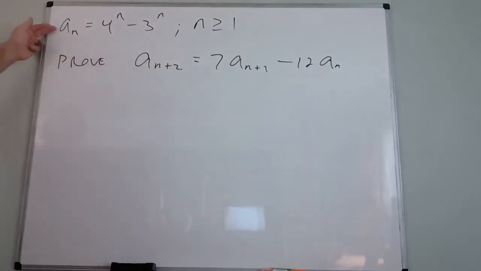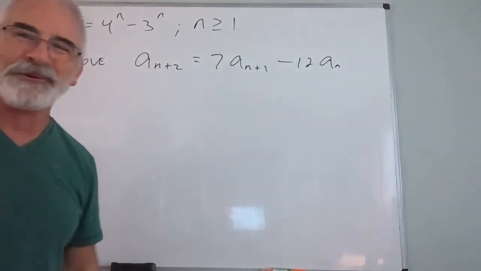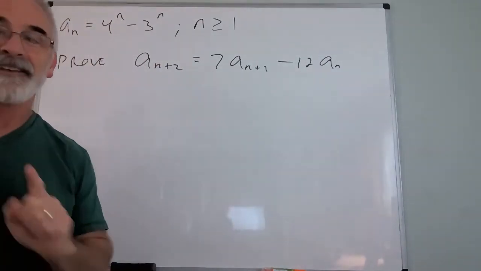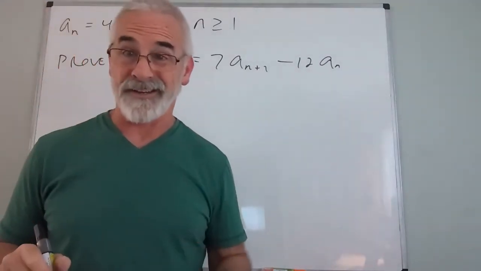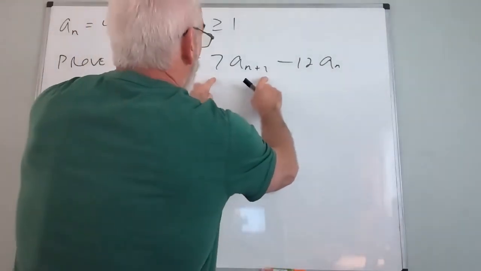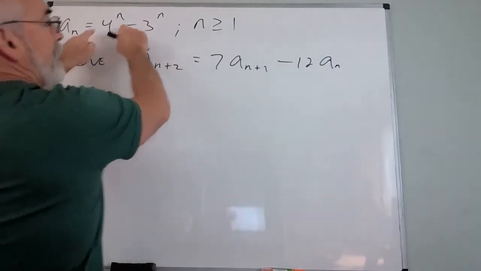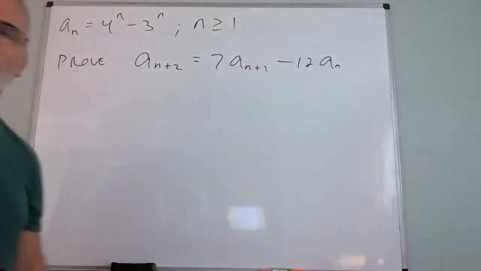Given this definition of a_n, I want to prove this statement is true. Ooh, now that's kind of interesting. Now, by the way, the direction we're going is a heck of a lot easier. If I started with this, I don't know that I could derive this. That's too complicated. But if I start with this, it's probably easier to go this way.